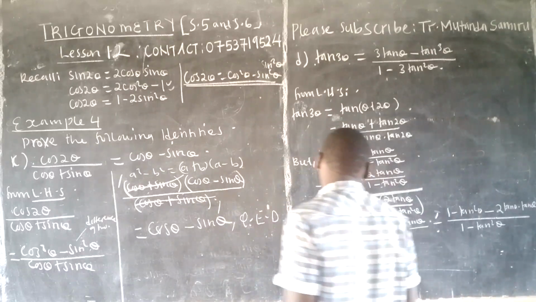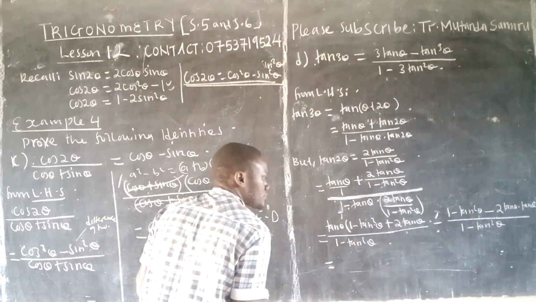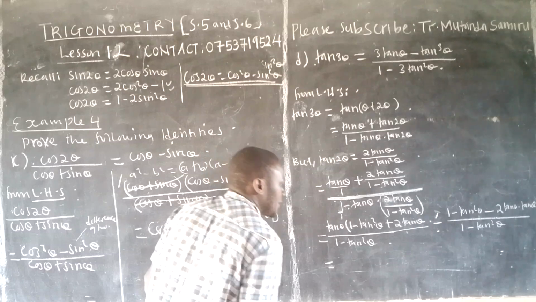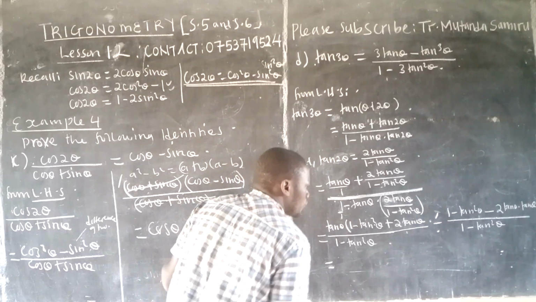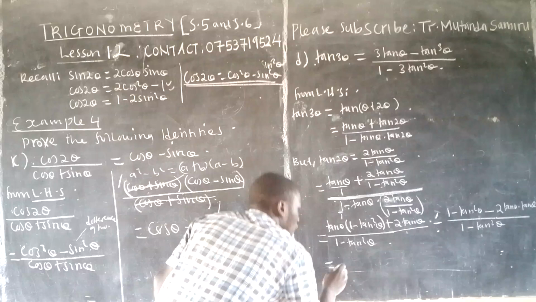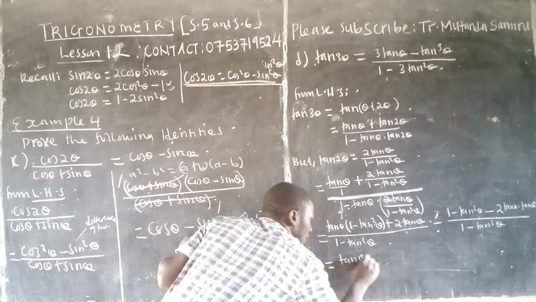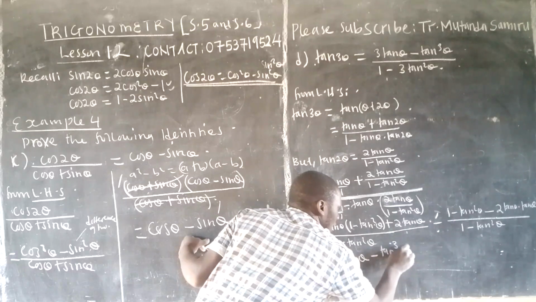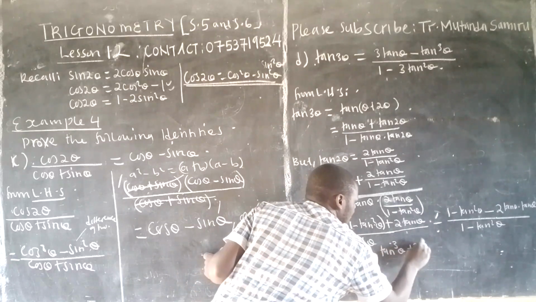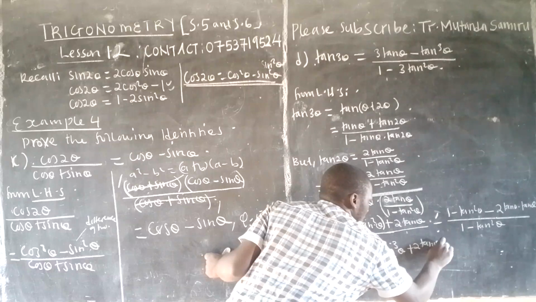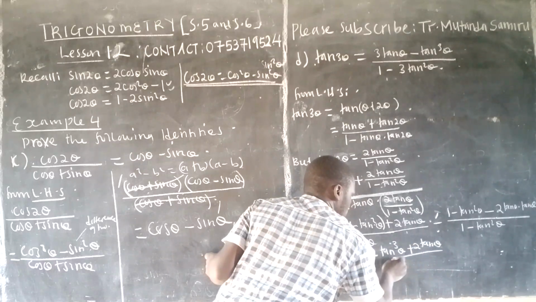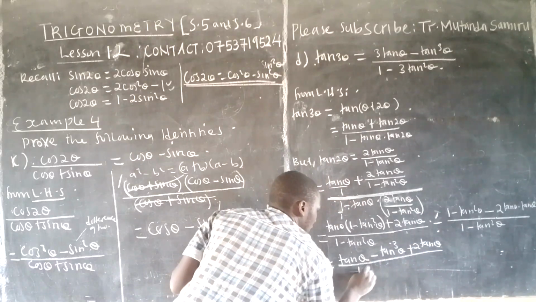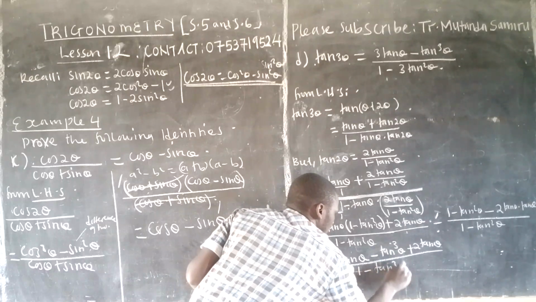So the next step, let's multiply. This will make the bracket. Multiply here, that will be tan θ − tan³ θ plus 2 tan θ over 1 − tan² θ.